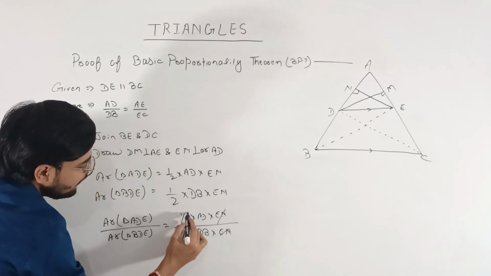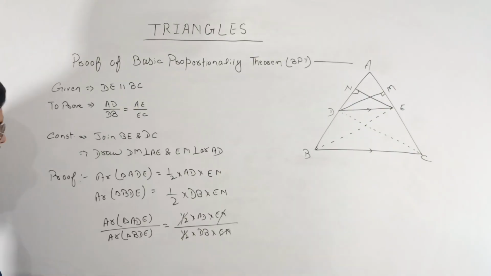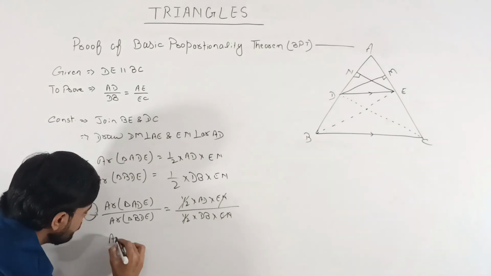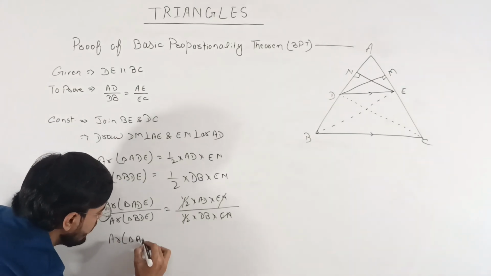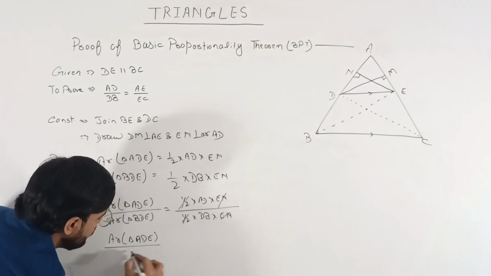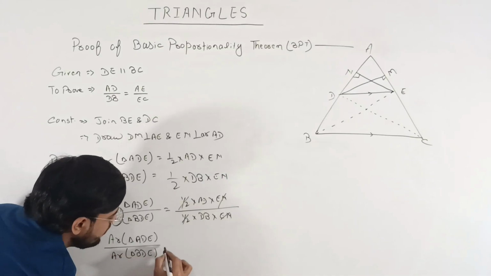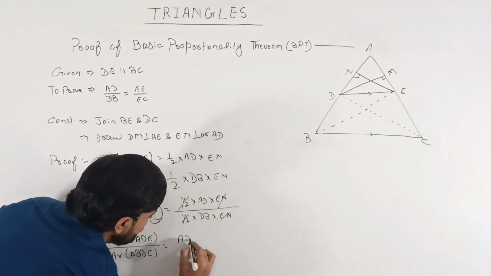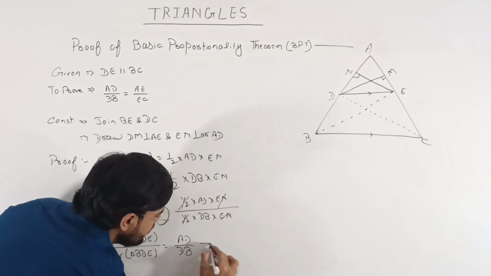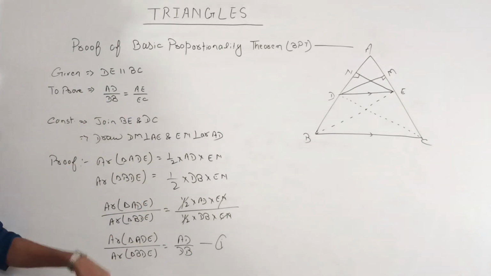EN is cancelled, half is cancelled. Then what we are left with? Area of triangle ADE upon area of triangle BDE is equal to AD upon DB. Now this is my equation first.